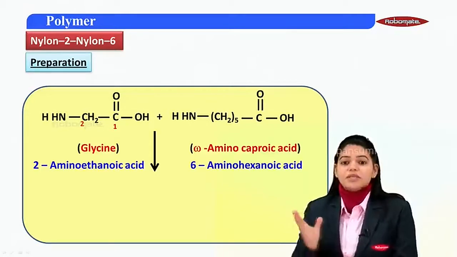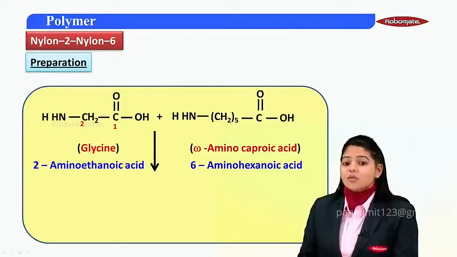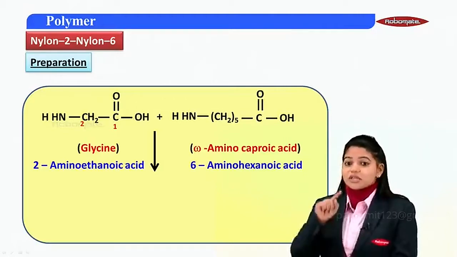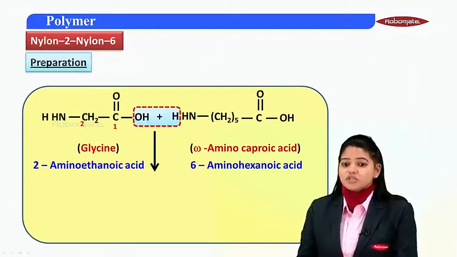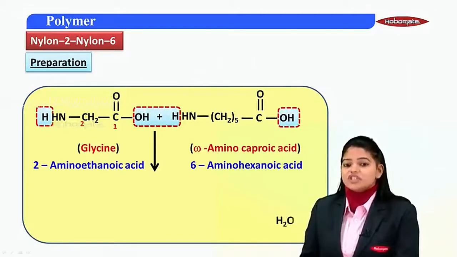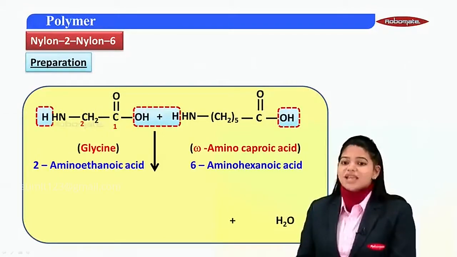What will happen when we mix this solution of glycine and omega amino caproic acid? It is a condensation polymerization, so there will be an elimination of a water molecule to give H2O.